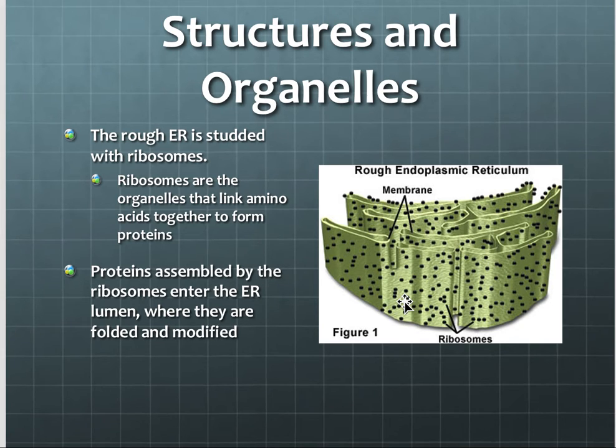Now, what happens after that is when the protein is actually assembled and all joined up in that primary structure, it will release the protein into this center, or the lumen, and it will travel all the way to the very, very end of the lumen.